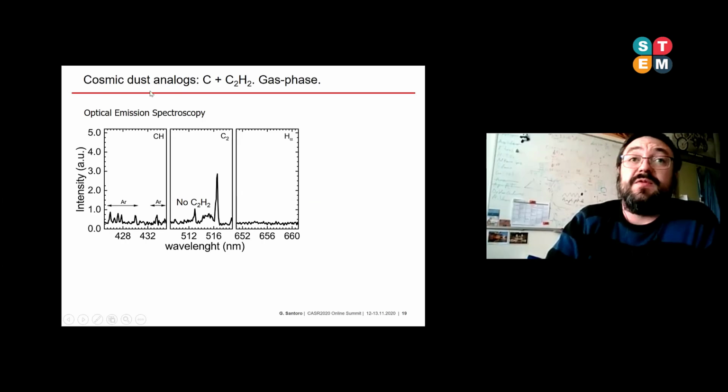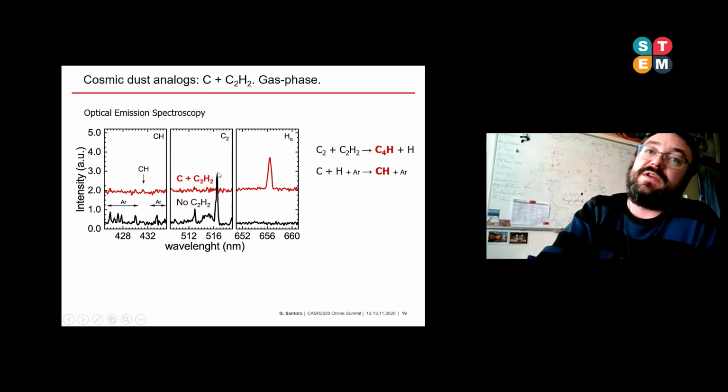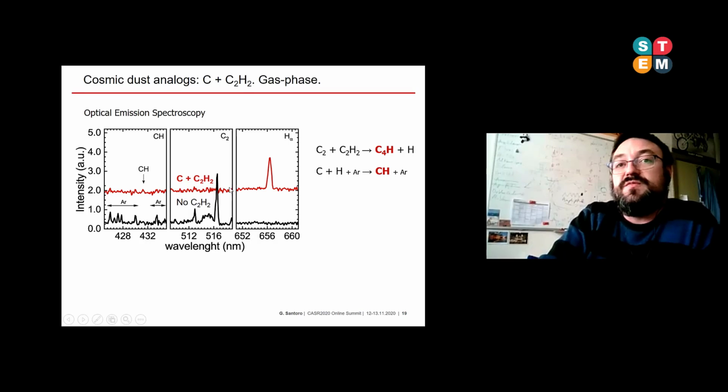Doing the same, we perform optical emission spectroscopy inside the aggregation zone of stardust. So when no acetylene is injected, we just observe the formation of diatomic carbon, no atomic hydrogen. But as soon as we inject acetylene, C2 is consumed. We observe the emission of atomic hydrogen and also a small band that can be assigned to the CH radical.